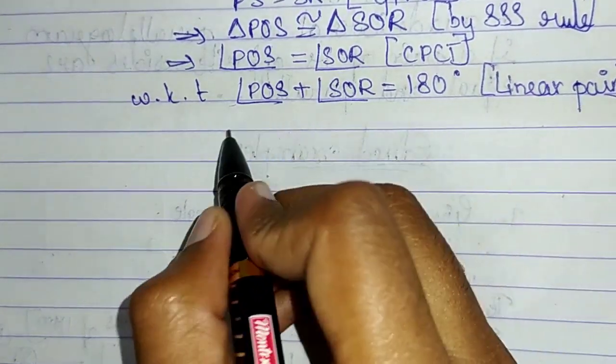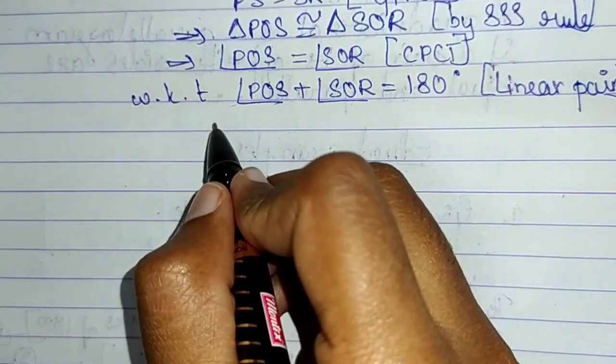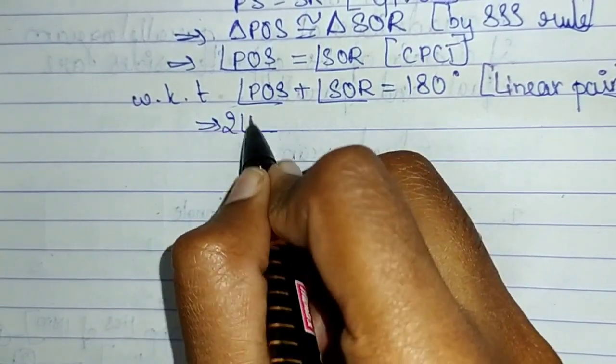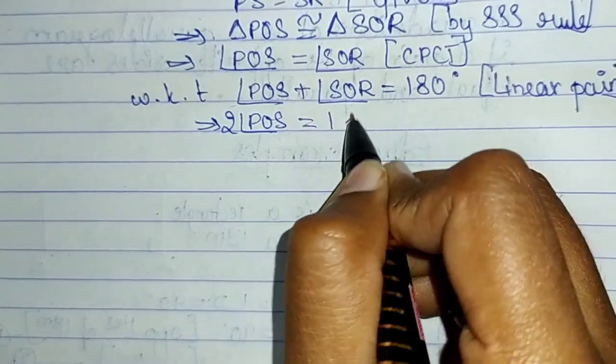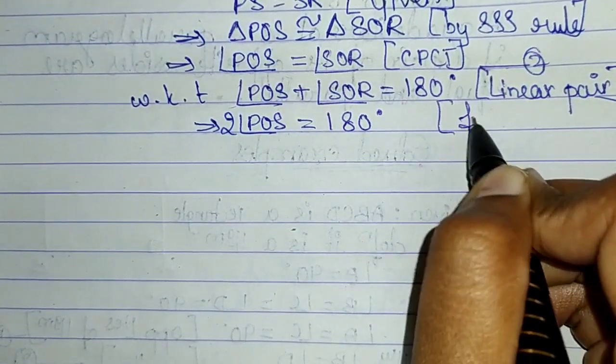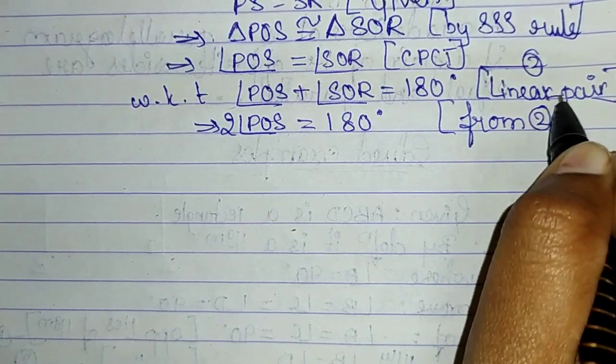So since they are equal and they are a linear pair, this implies angle POS plus angle POS is equal to 180 degrees. This is equation 2.